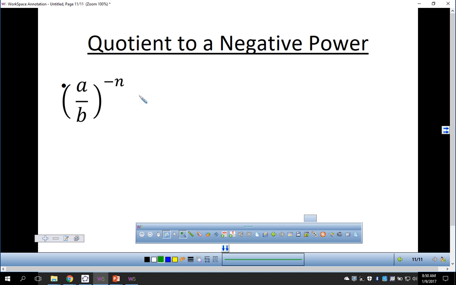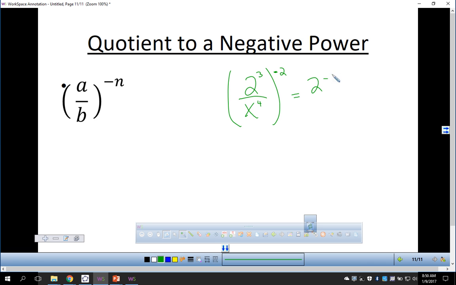A quotient to a negative power, so say, for example, I have 2 raised to the 3 over x raised to the 4, raised to the negative 2 power. Using the last rule that I just learned, this would be 2 to the negative 6 over x to the negative 8. Yes?